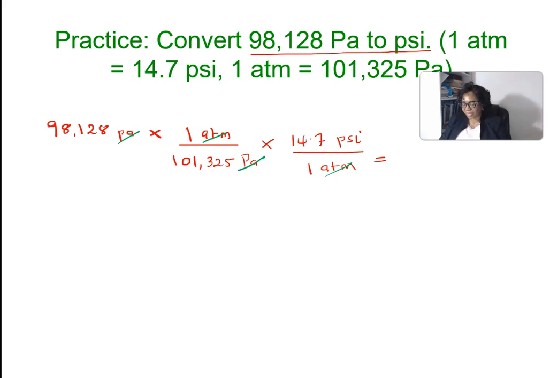So 98128 times 1 times 14.7 divided by 101,325.